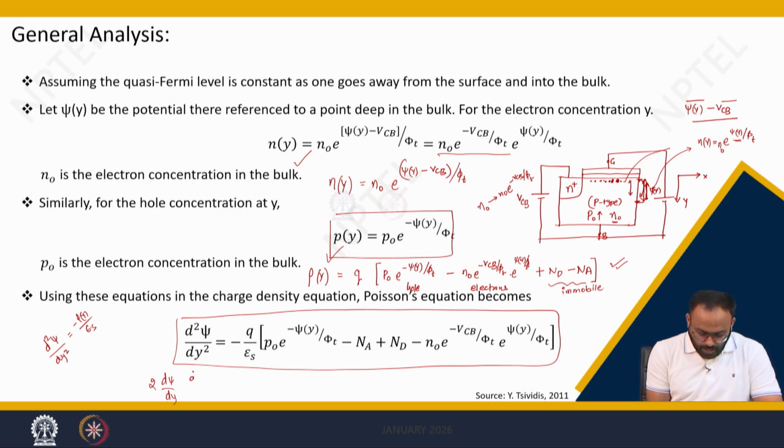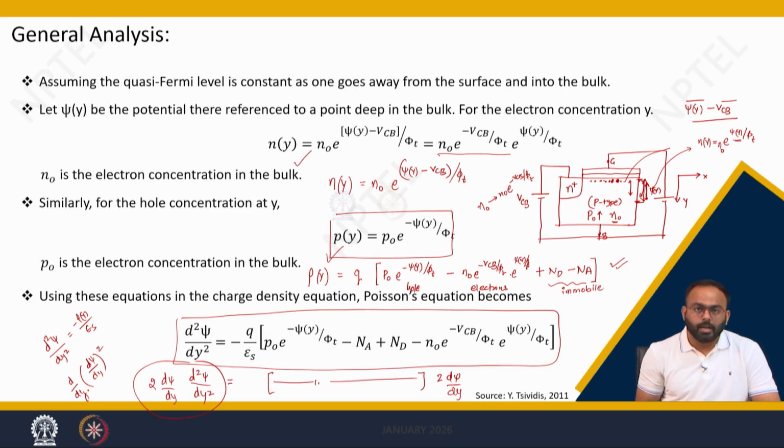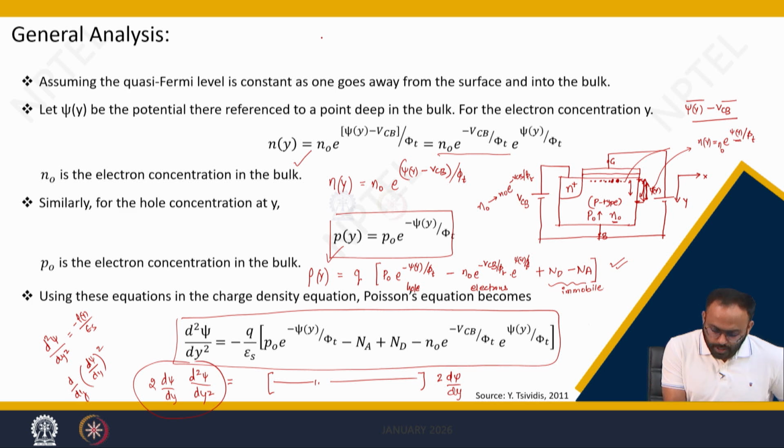The left hand side is the same as this multiplied with 2 times dψ/dy. It is nothing but (dψ/dy) whole square with d/dy, and when you integrate it, the left hand side will give you the electric field square, that is (dψ/dy) whole square. The right hand side also you can solve considering a dummy variable y dash.